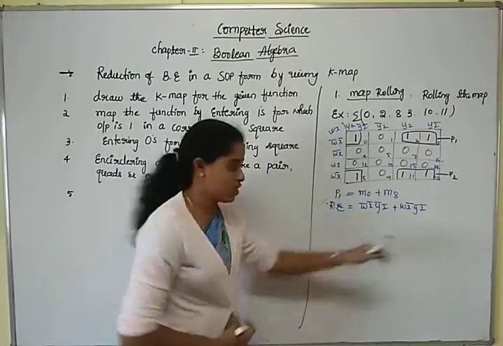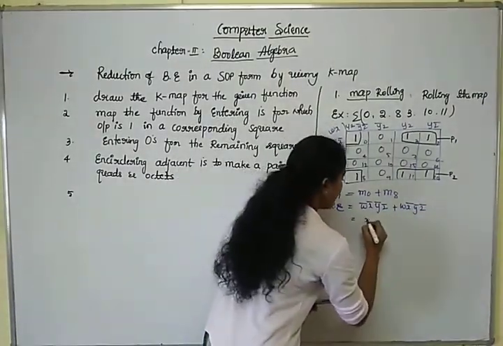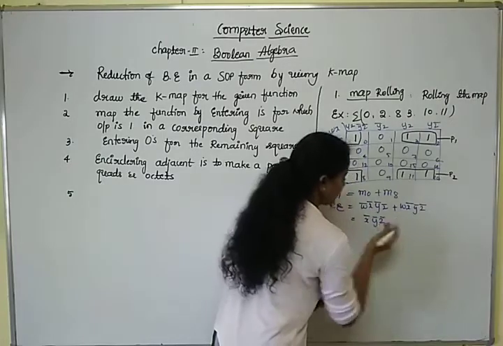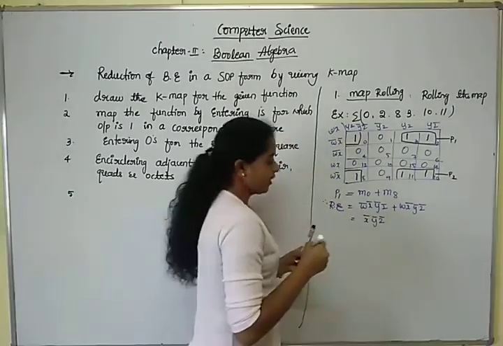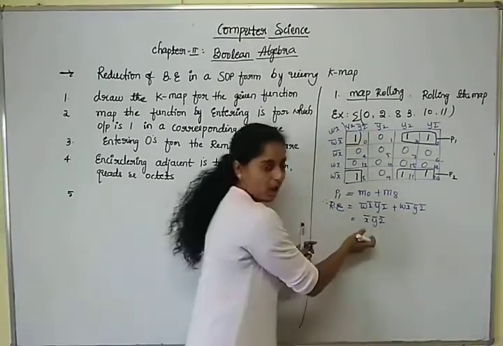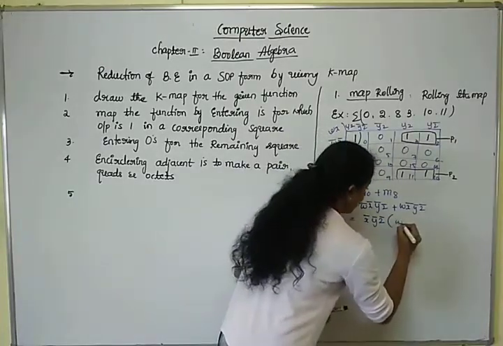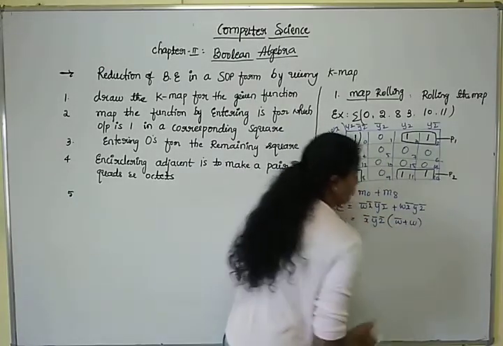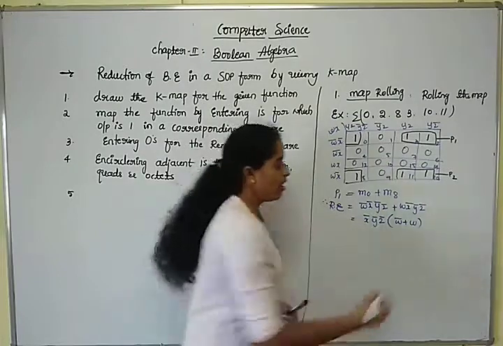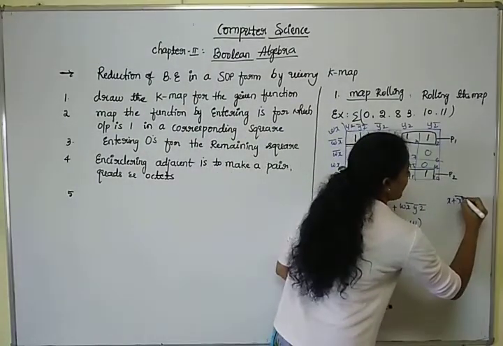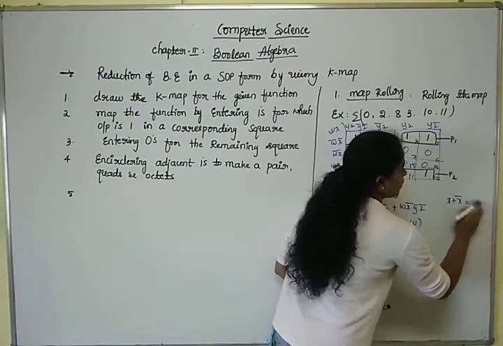In the given function, x bar, y bar, z bar is common in both the terms. So take it out, then we get w bar plus w. According to the complementary law, x plus x bar is equal to 1.